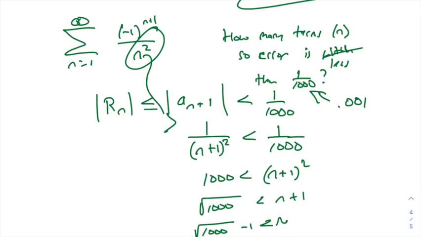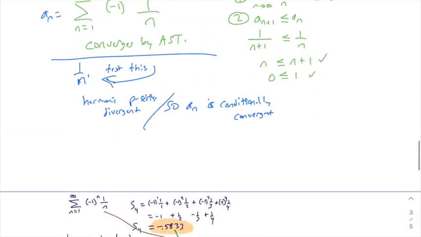And we find out that n needs to be greater than 30.622, which means we need 31 terms in order to guarantee that its error is less than 1,000th away. This is a fairly common type of AP exam problem, so you'll want to practice this as well.